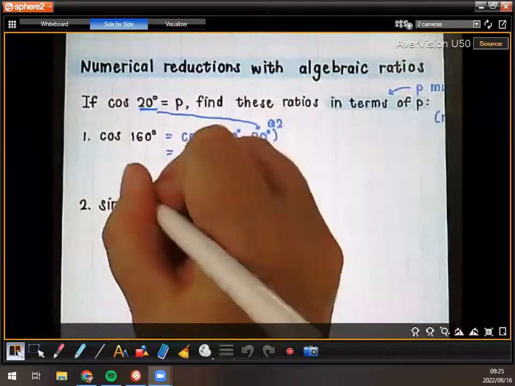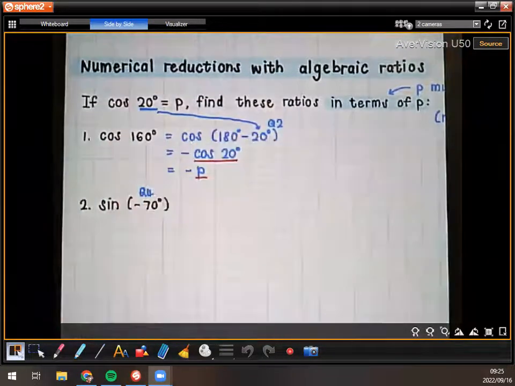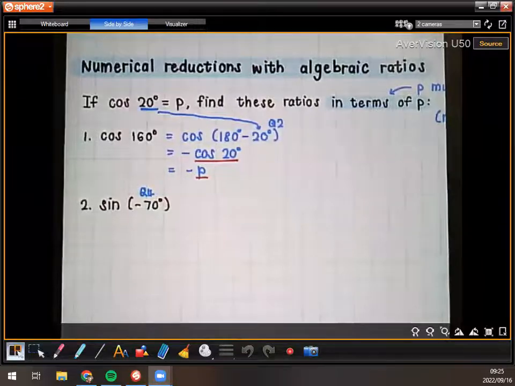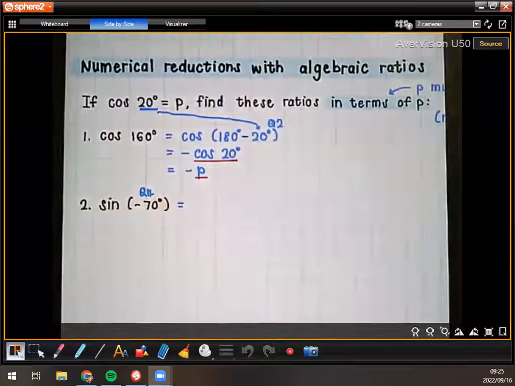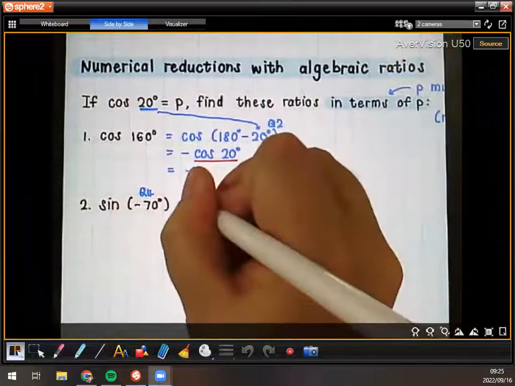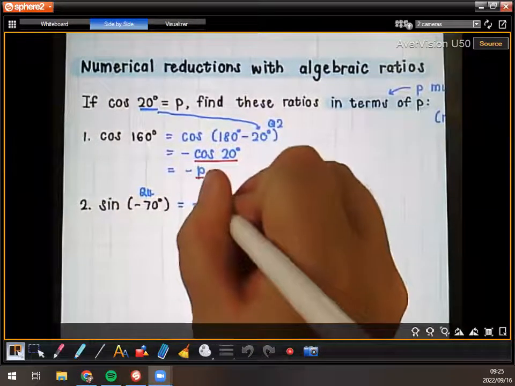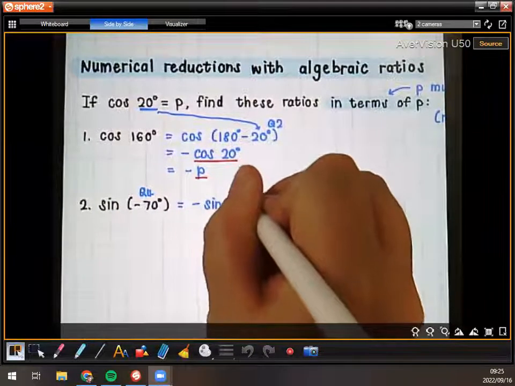Quadrant 4. Okay, so let's first just get rid of that minus thing. That will just make things a bit less complicated. What is sine in the fourth quadrant? Positive or negative? Negative. So this is negative sine 70.